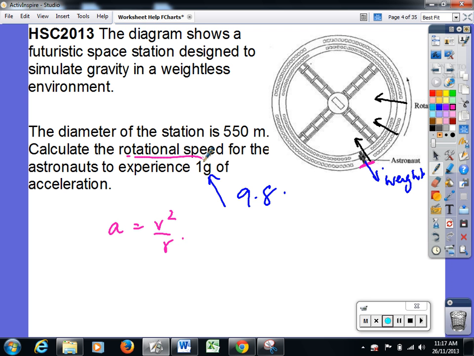And the rotational speed is the velocity here. So we just need to find v using 9.8 and the radius. Oh, sorry, this is the diameter. So we need to find a radius. Okay, so pause the video now and solve for the centripetal acceleration.